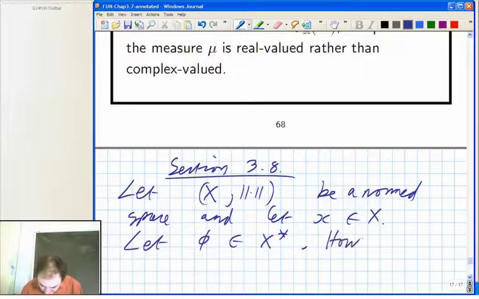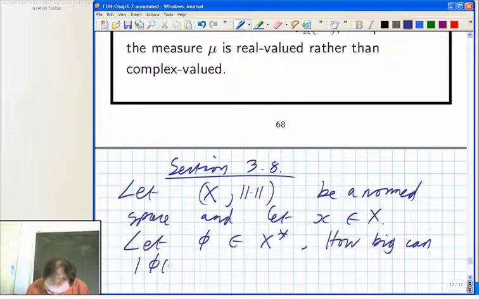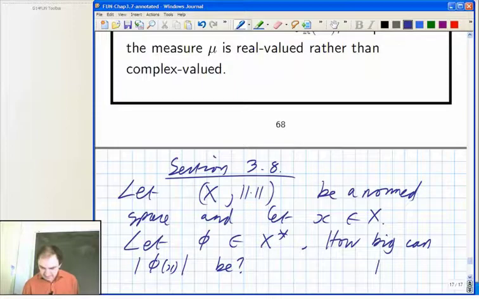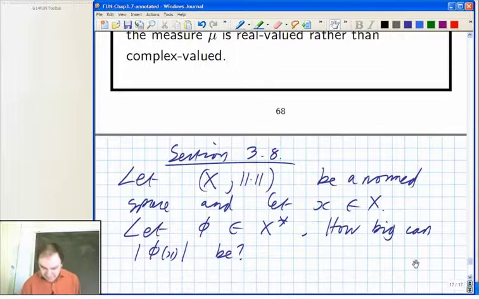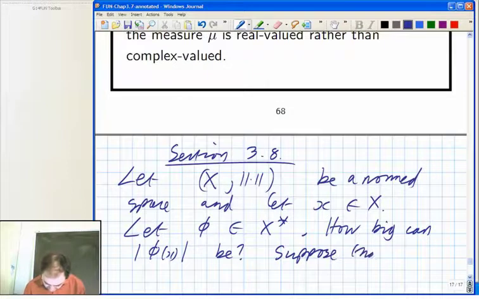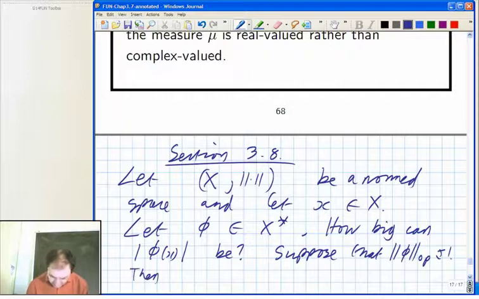How big can mod phi of x be? Obviously it can be as big as you like if you can get a non-zero value. But suppose that the operator norm of phi is smaller or equal to 1, then you'll get that the modulus of phi of x is smaller or equal to norm of x.